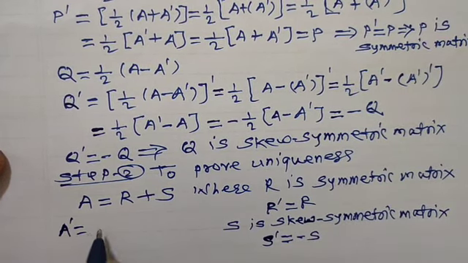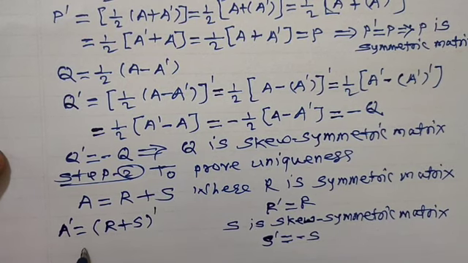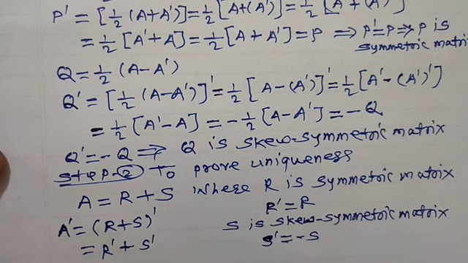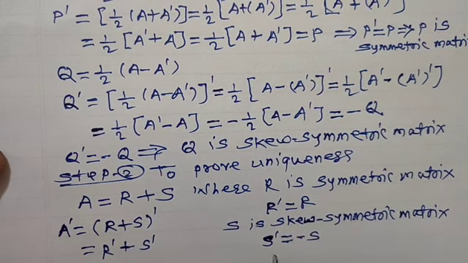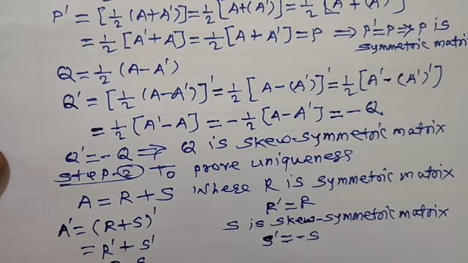A dash is equal to (R plus S), its transpose, that is equal to R dash plus S dash. But you know R dash is equal to R and S dash is equal to minus S. So this becomes A dash is equal to R minus S.